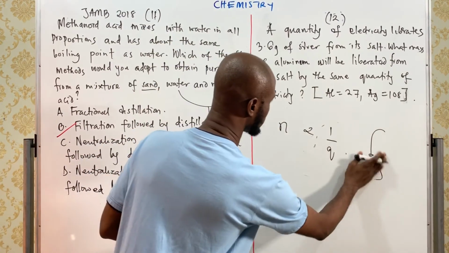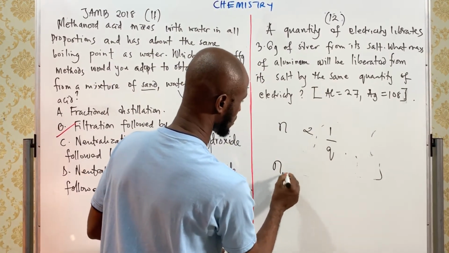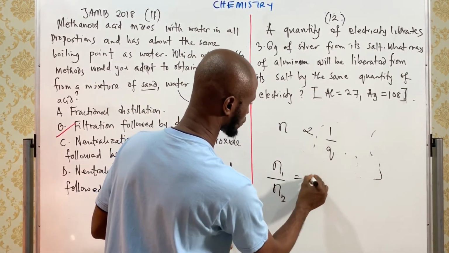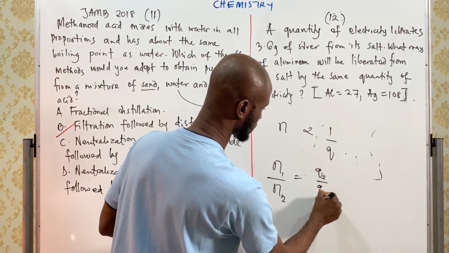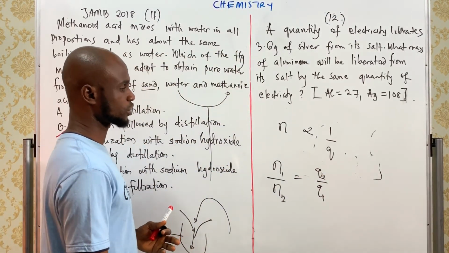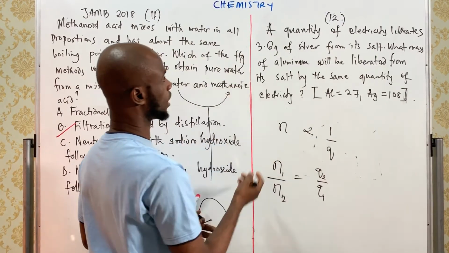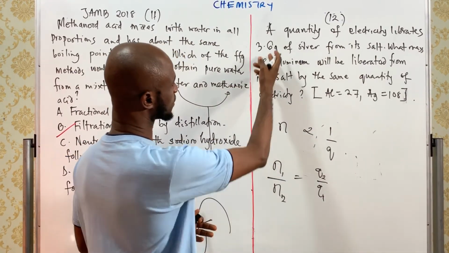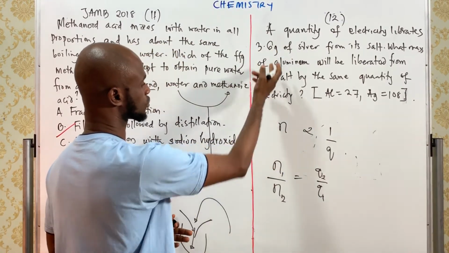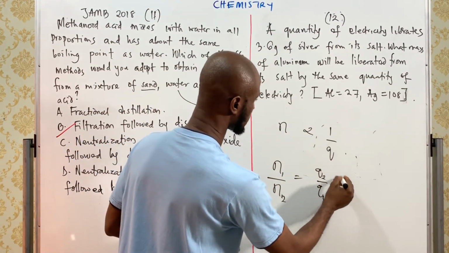So that means we have N1 over N2 equals Q2 over Q1. Inversely proportional. So let's look for our N1. We are not given number of moles, we are given mass, so we can convert this mass to number of moles.